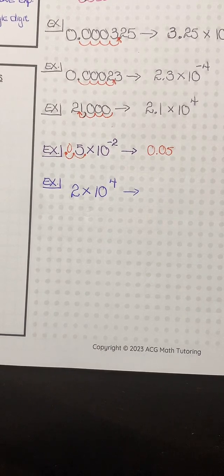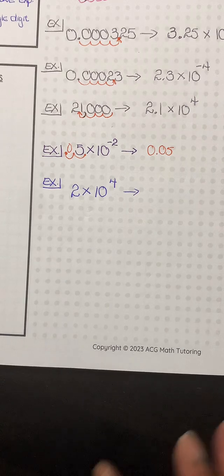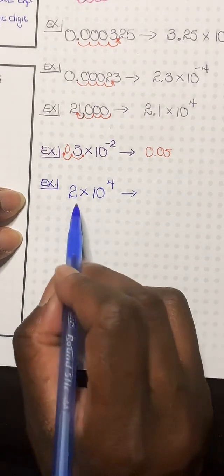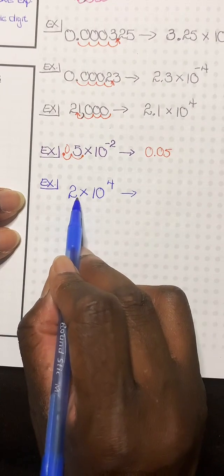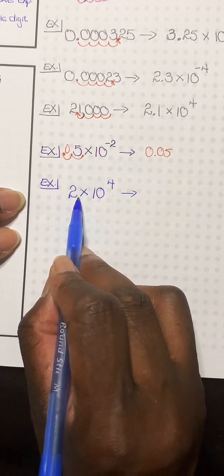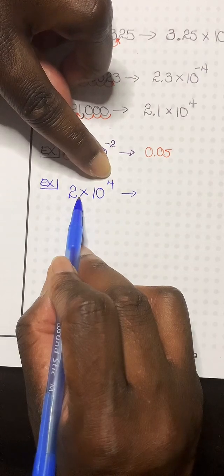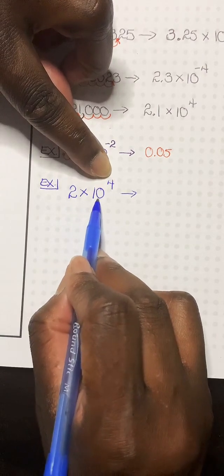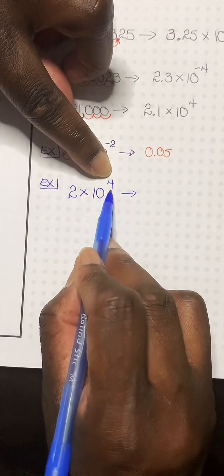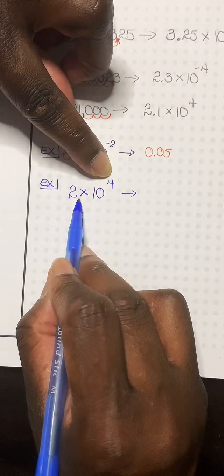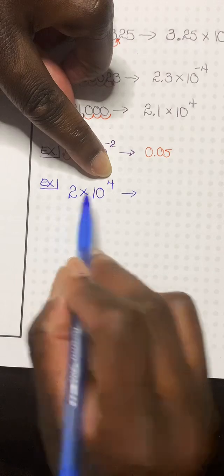All right. So let's see. Again, your decimal point is going to be right here at the 20. And this is going to be a positive 4. So that means I'm going to the right 4 times. So I can actually add 4 zeros.